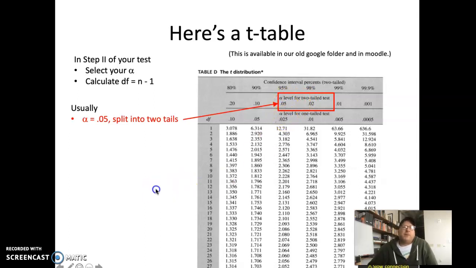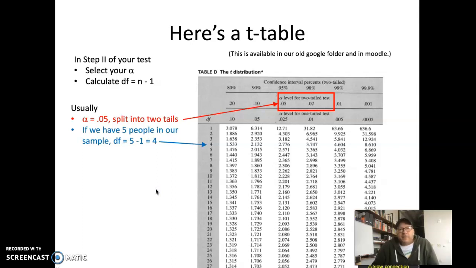So I know that's the column I want. And in our in-class examples, I think we've been having 5 people. So if that's the case, our degrees of freedom would be 5 minus 1 or 4. Just go see where those two match up. If you look in the table, that's 2.776.